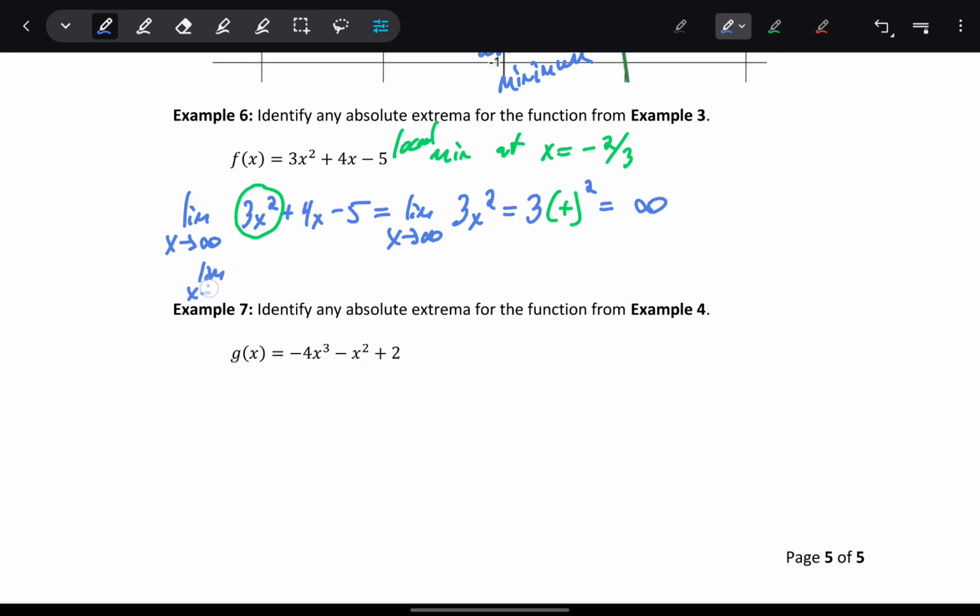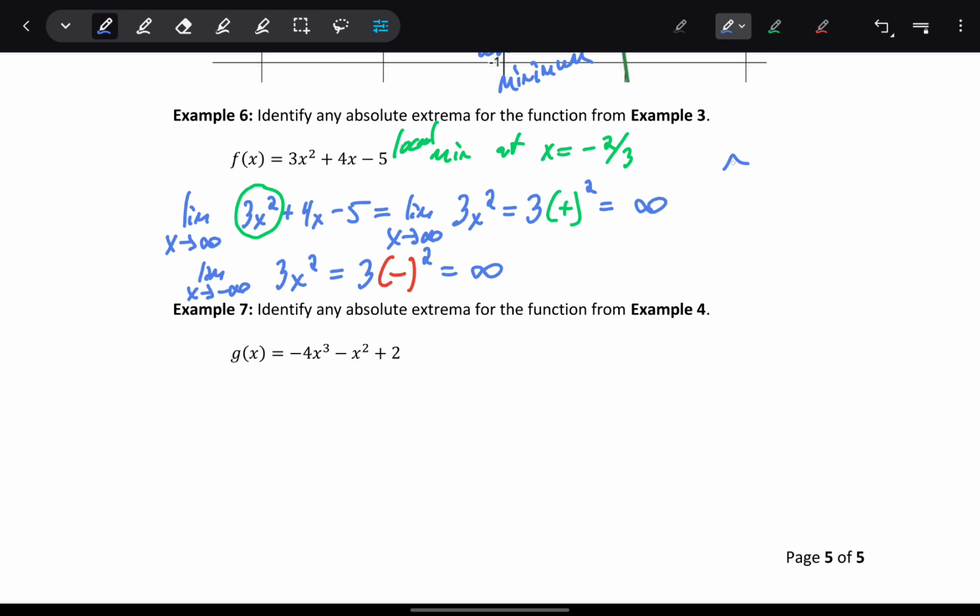Then if we take the limit as x approaches negative infinity of 3x squared, we'll take 3 times some negative number, a really small negative number, but we're squaring that, which will make it positive. So this will still be positive infinity.